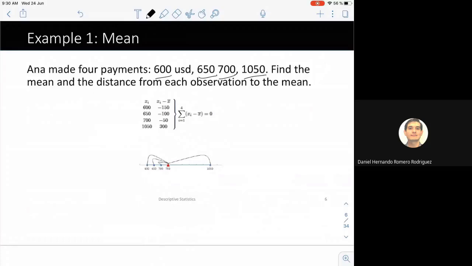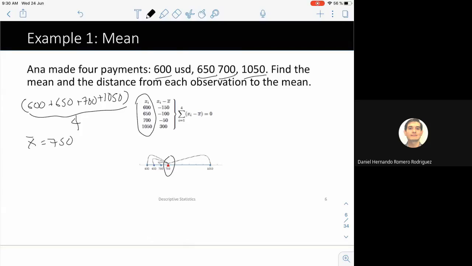Given these 4 values, the average will be 600 plus 650 plus 700 plus 1050, divided by the number of observations, 4. So we get the average value, which is 750.